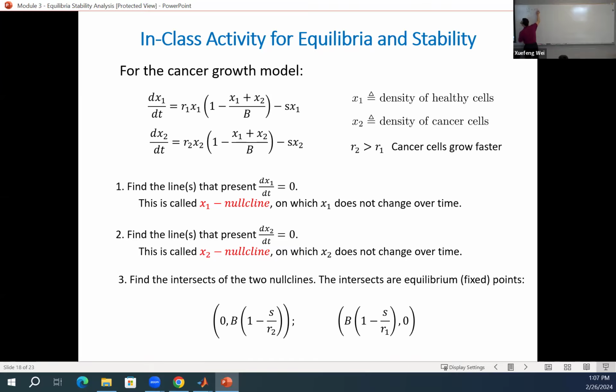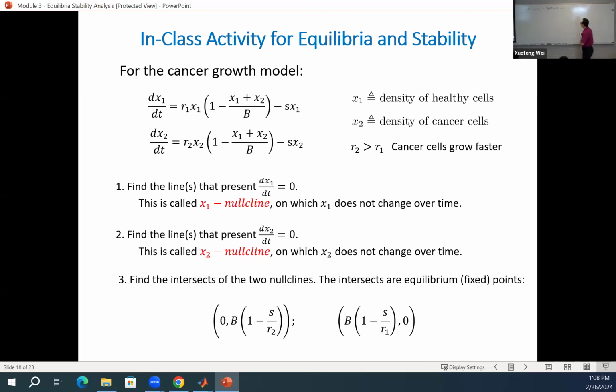x1 times 1 minus (x1 plus x2) over b, minus s x1. And this equals 0.